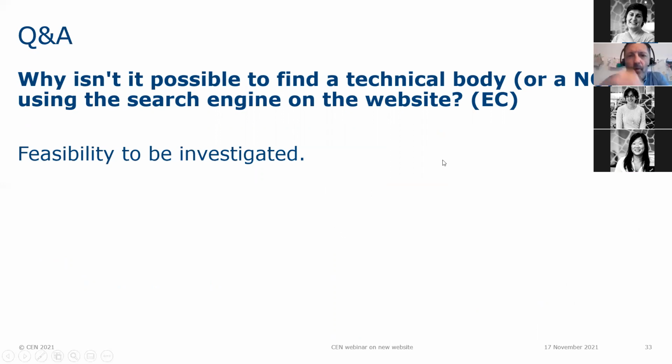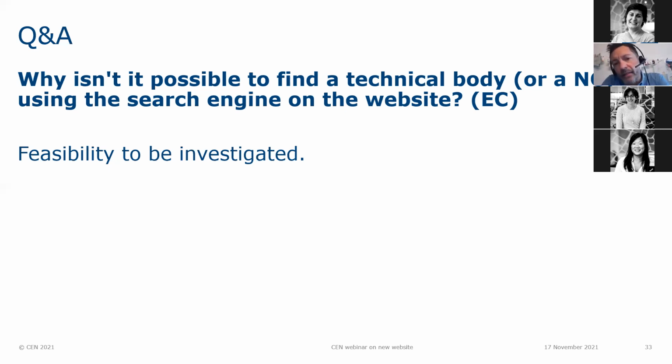Here the question is, why is it not possible to find information on the technical body, or I would say the technical body landing page, using the general search? There is in fact a technical reason behind. The static pages of the website have been developed using a technology called Umbraco, which is the Microsoft content management server.